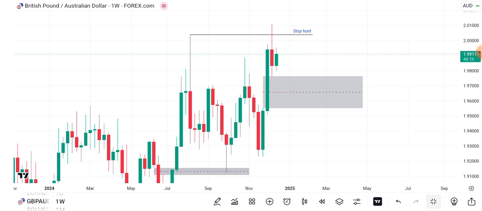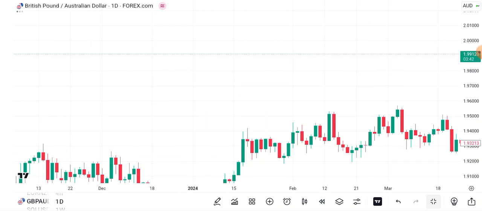So I'm actually figuring this out on a higher time frame analysis, on a weekly chart. I just want to show us a very small setup, and then we'll move on.